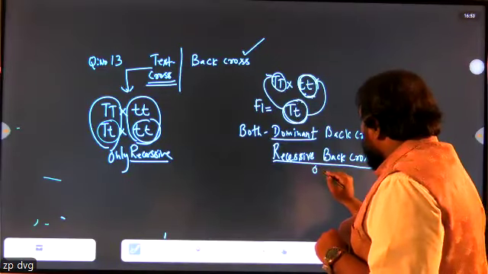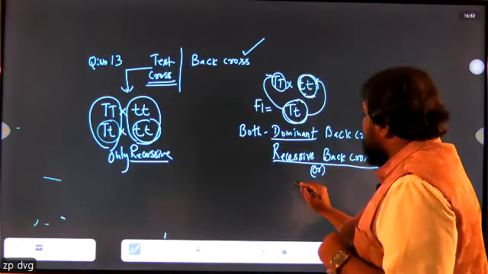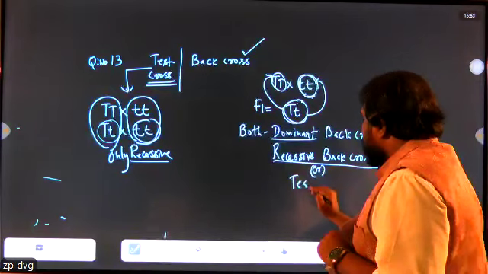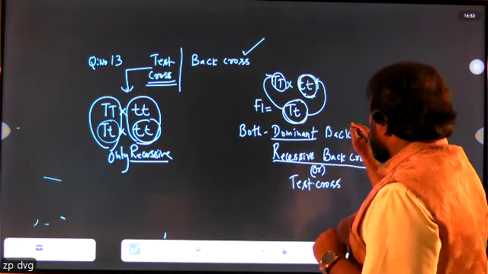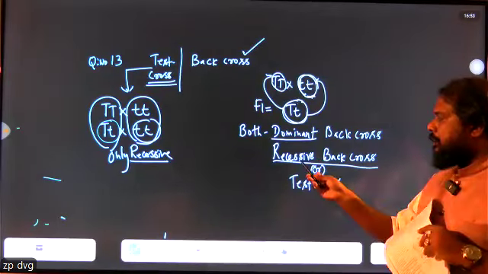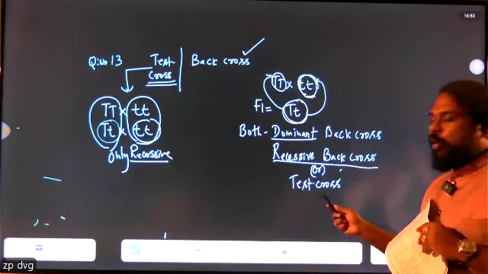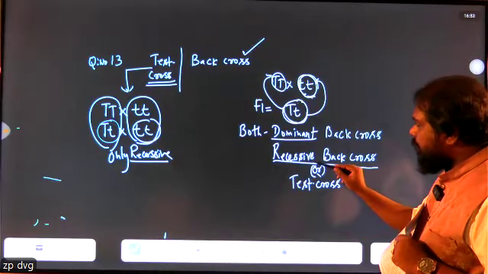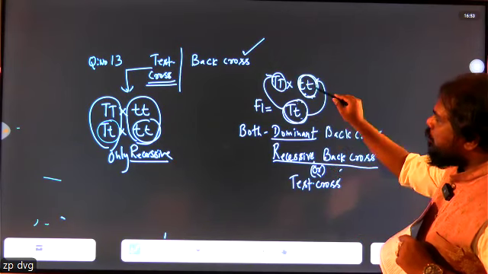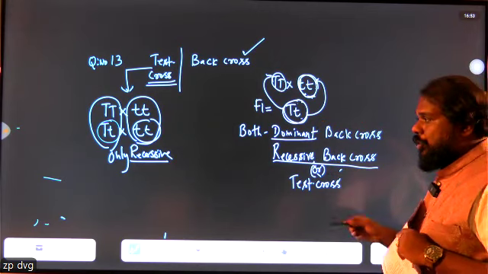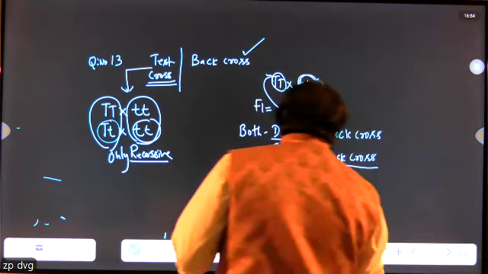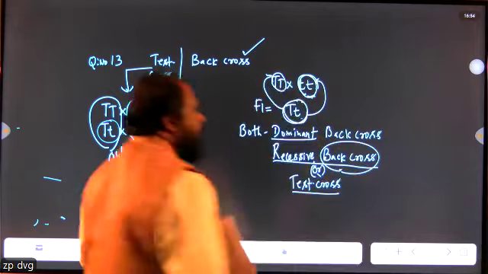So recessive back cross can also be called a test cross. Dominant I cannot call as, but recessive back cross I can call as what? Test cross, because in the recessive cross, the individual is crossed with the recessive parent. Therefore, recessive back cross can also be a test cross. Otherwise, I can say test cross can also be a back cross.